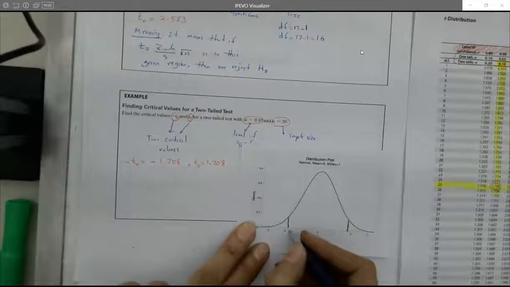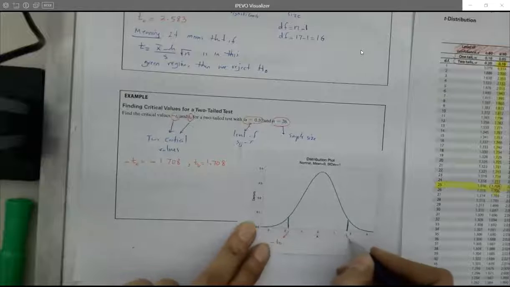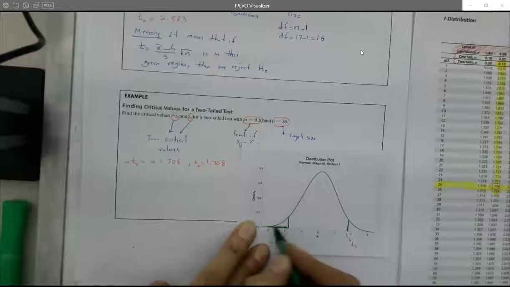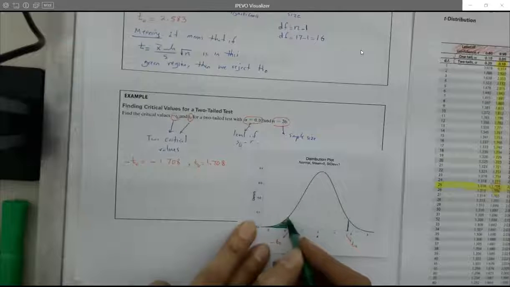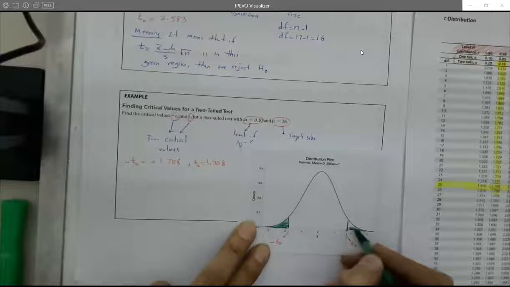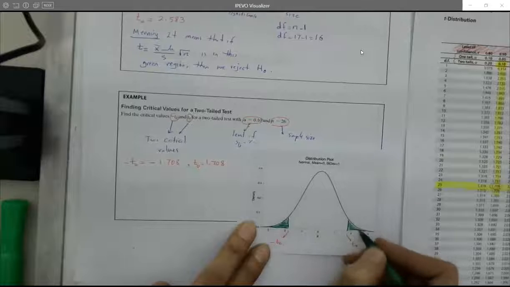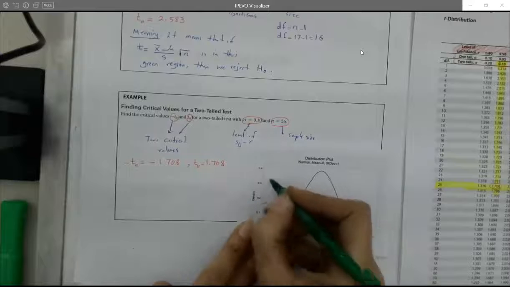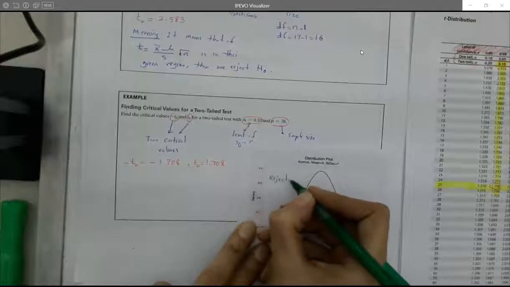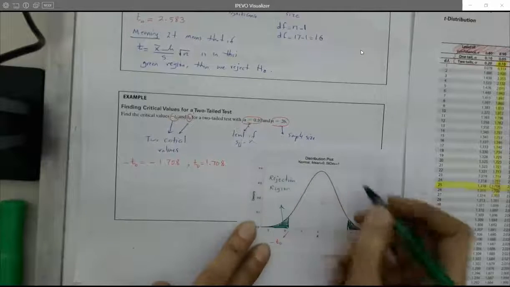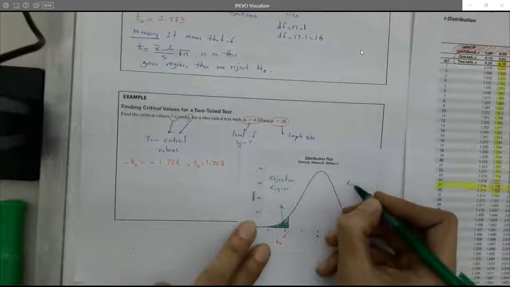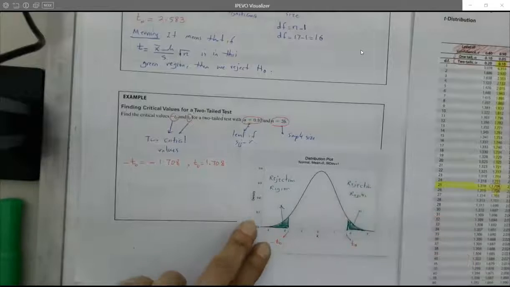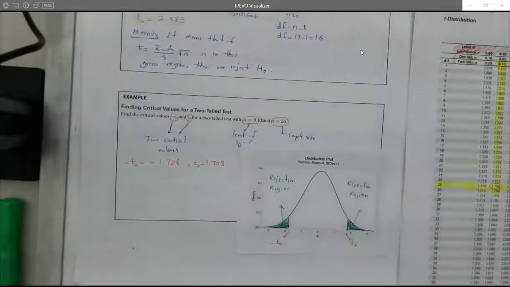So minus t sub 0, plus t sub 0. A part of this green region, the rejection region, is on the left. Another part of it is on the right-hand side. So both of these count as rejection region. Rejection region on the left and rejection region on the right. Okay, perfect. So what's the meaning of that?